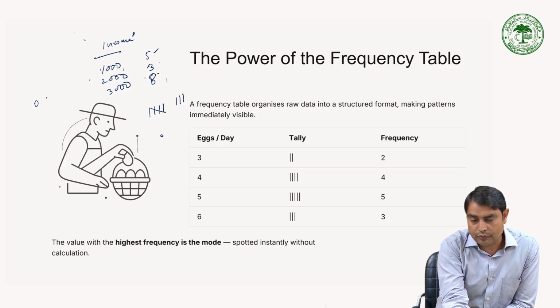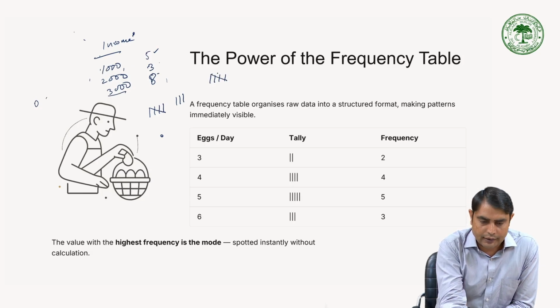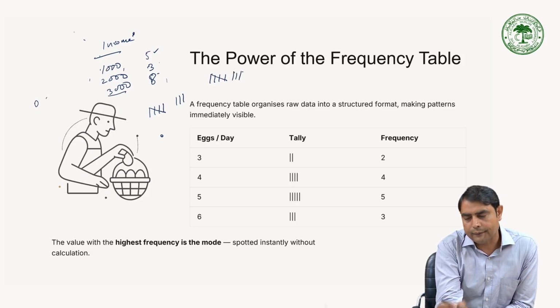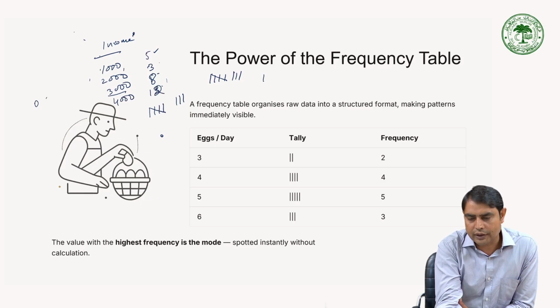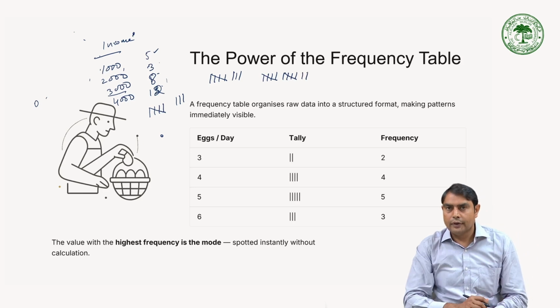And if you have to take the frequency of 8 for 3000, then you can do it like this: 1, 2, 3, 4, 5, one group, and then 3 remaining, 1, 2, 3. If it is like 12, then what you have to do? You take one group of 5, another group of 5, that is 10, and then 2 more, 12.